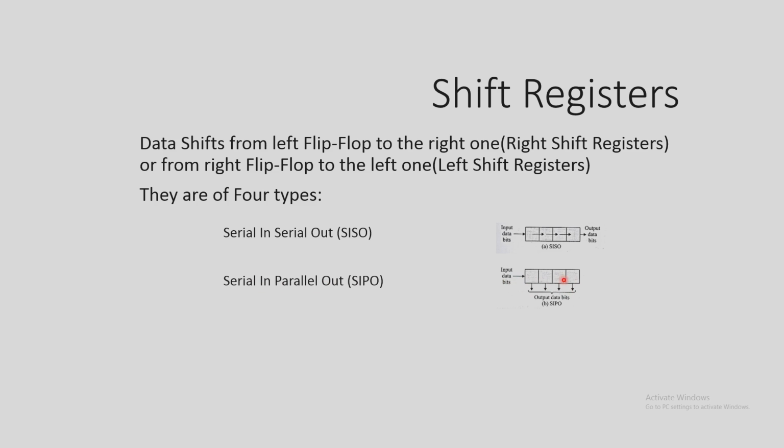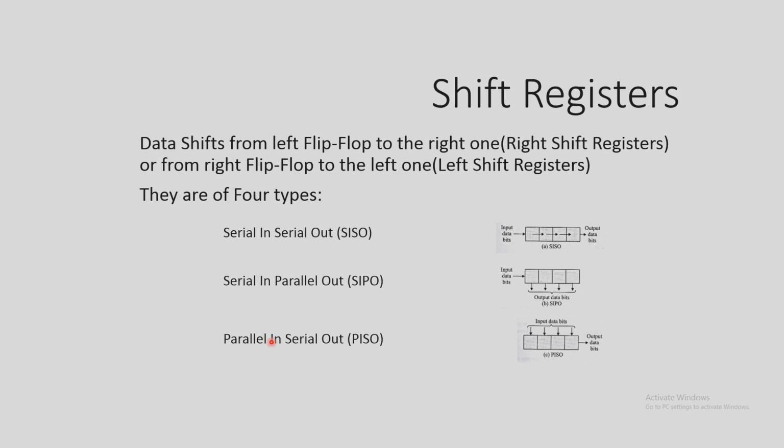Feeding data into the registers is known as loading. Feeding data to the shift register is known as shifting, and taking output from the registers is known as loading. So shift and load are the processes of input and output basically.